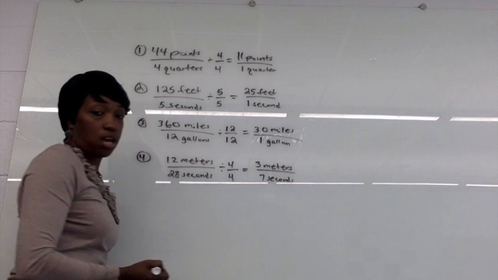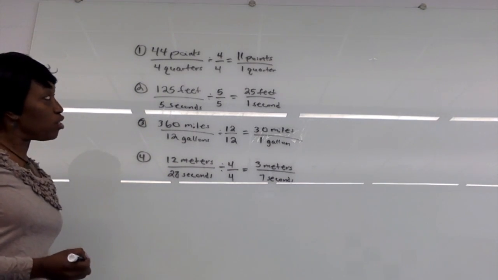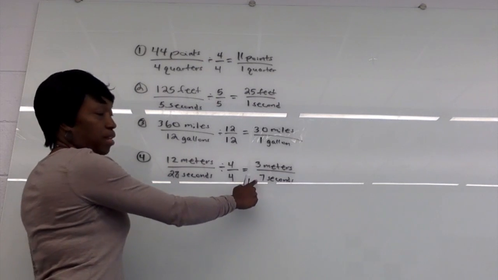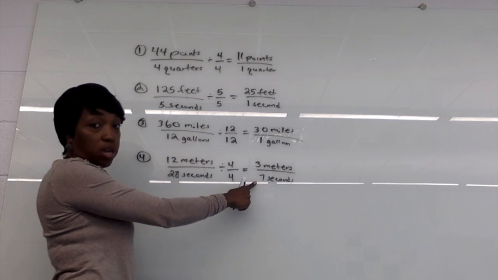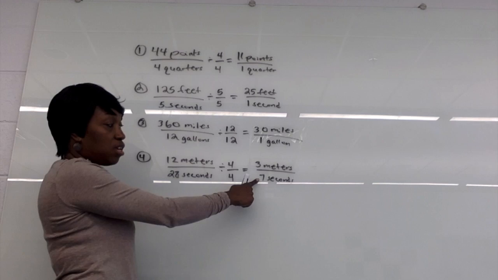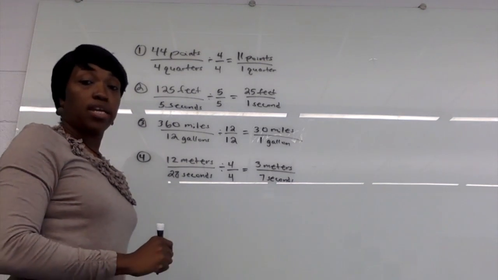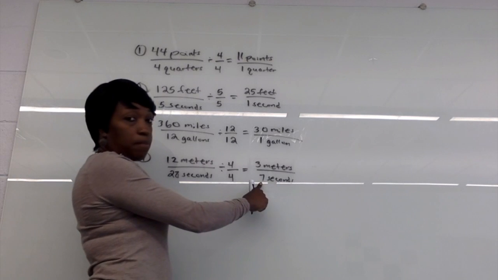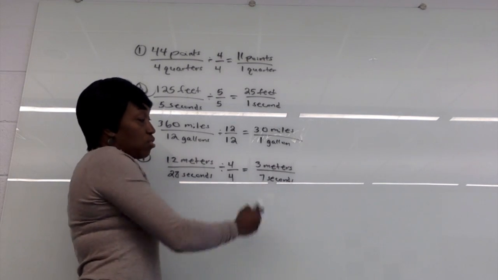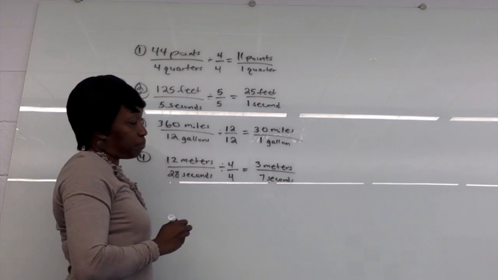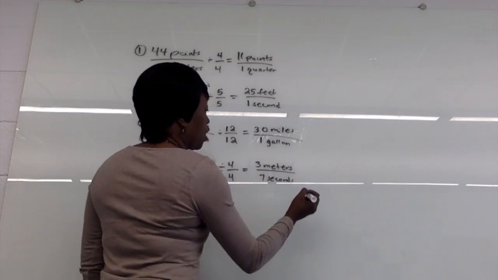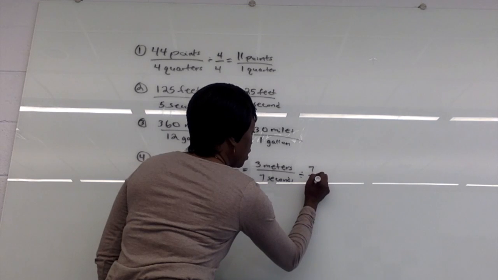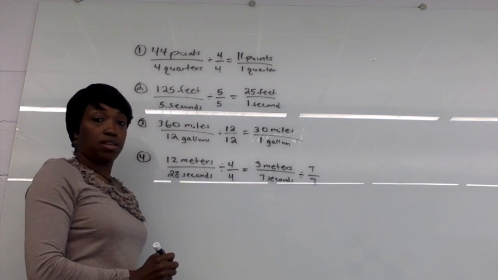in my denominator. Now remember what we're trying to do. We're trying to find the unit rate. So if I look at my answer here, my denominator does not have a 1. It has a 7. So in order for me to get a 1 in my denominator, I must divide by that number. So I have to go one more step now. I must divide my numerator by 7 and my denominator by 7.